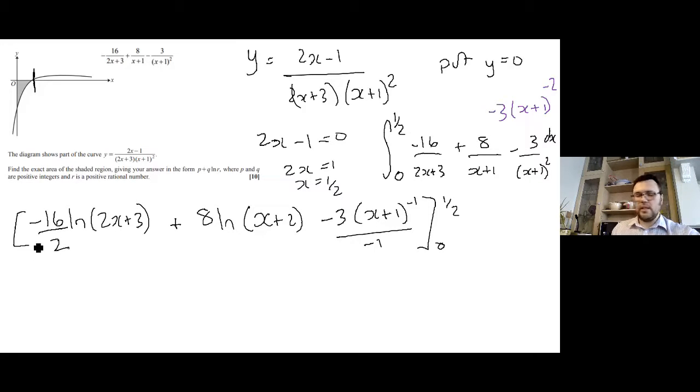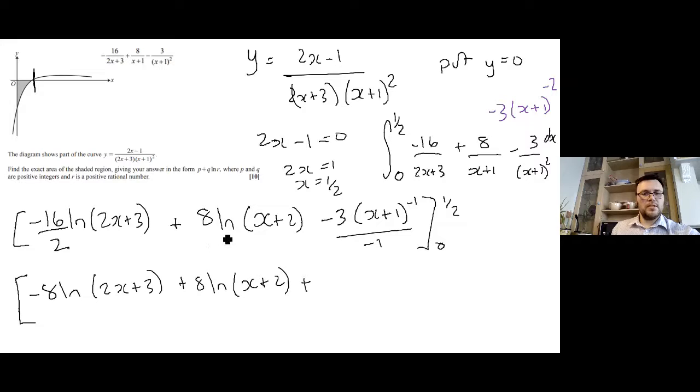So what we end up with is minus 8 ln (2x plus 3), plus 8 ln (x plus 1), plus 3 over (x plus 1), from 0 to a half. Now we need to put in the values.